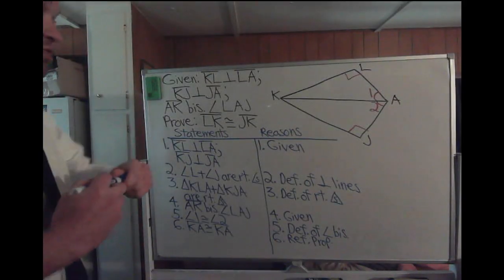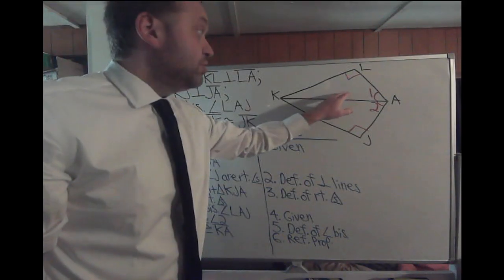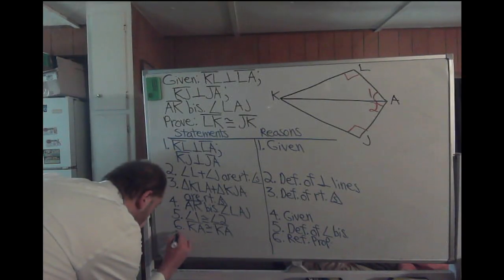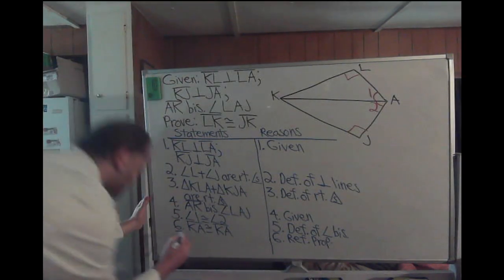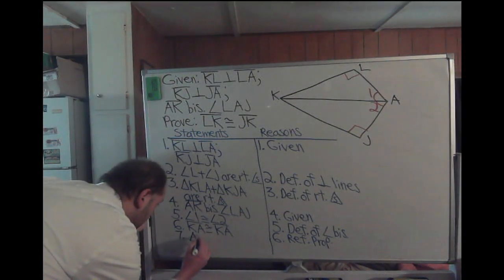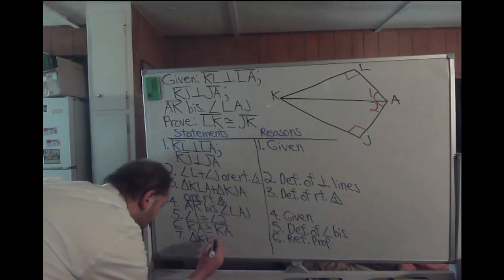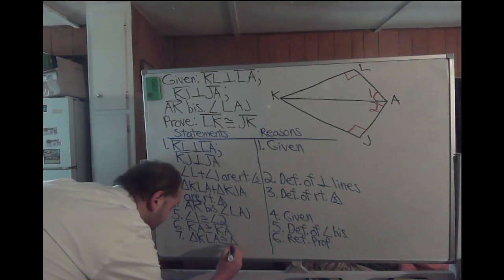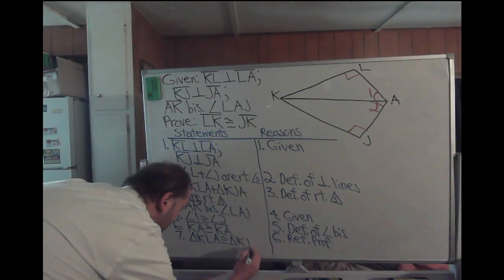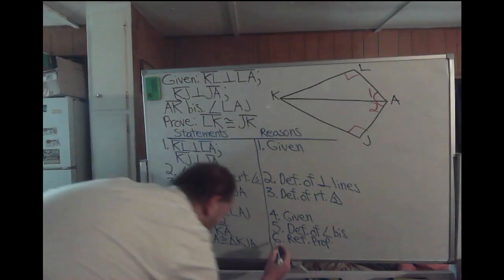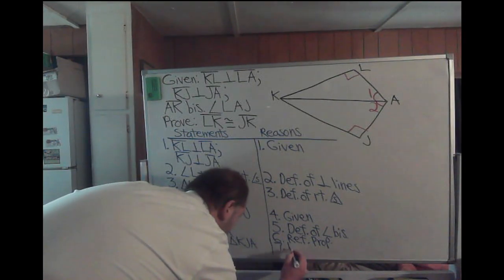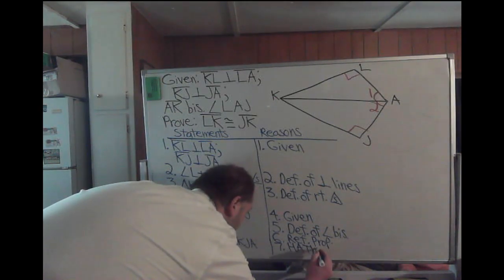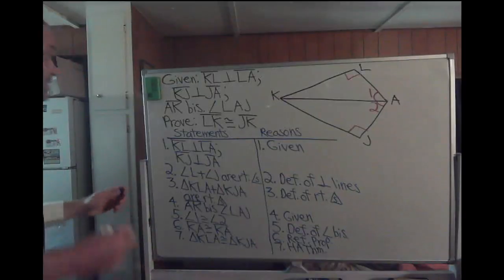So now with these two right triangles, we have an acute angle and a hypotenuse that are congruent, which means next is to say that triangle KLA is congruent to triangle KJA by the hypotenuse acute angle method. So by the HA theorem, we can conclude that the two triangles are congruent.